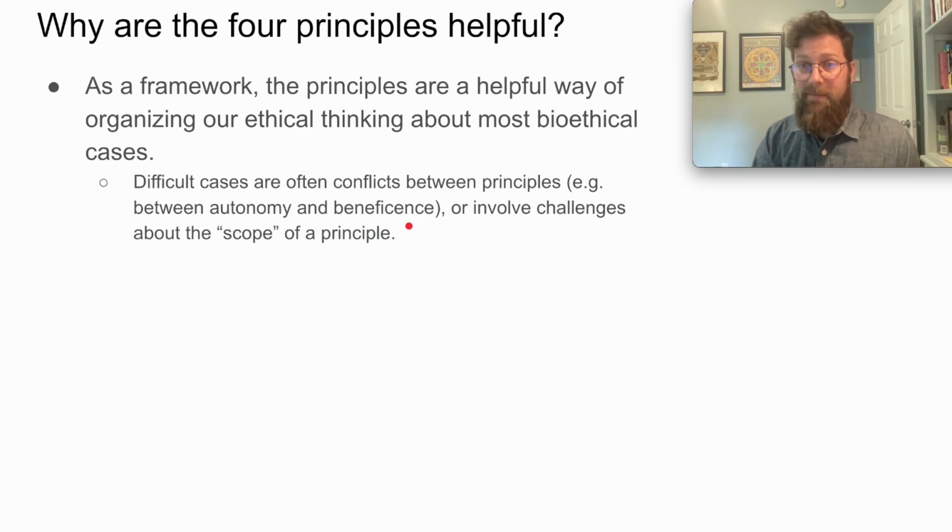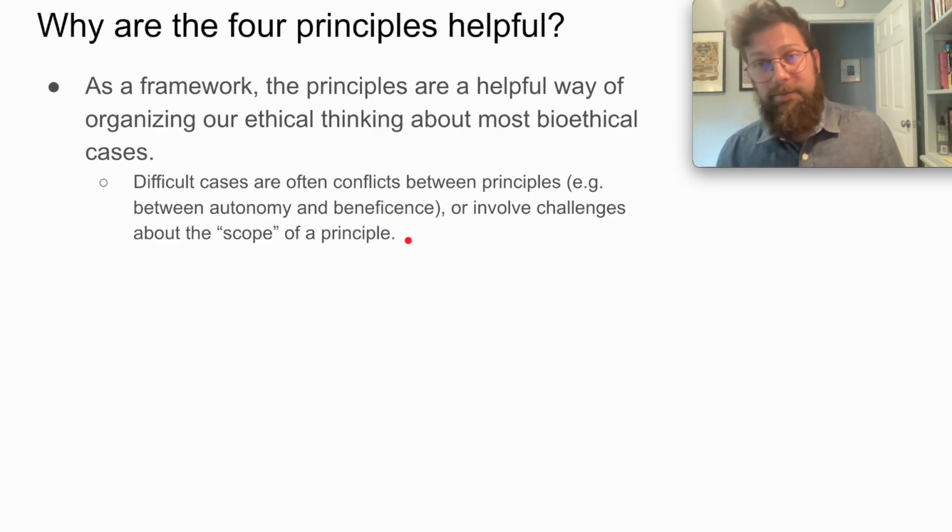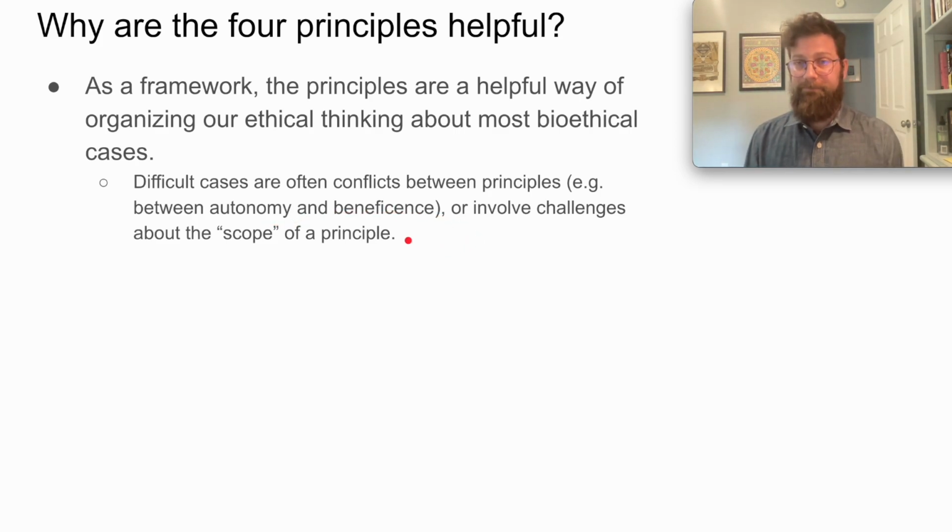Do we do what's good for the patient, or do we give the patient what they've rationally asked us for? We might also ask questions about what I was calling the scope of a principle, right? That's the question about how far does justice go? What does justice really mean? Or who do we have duties of beneficence to?